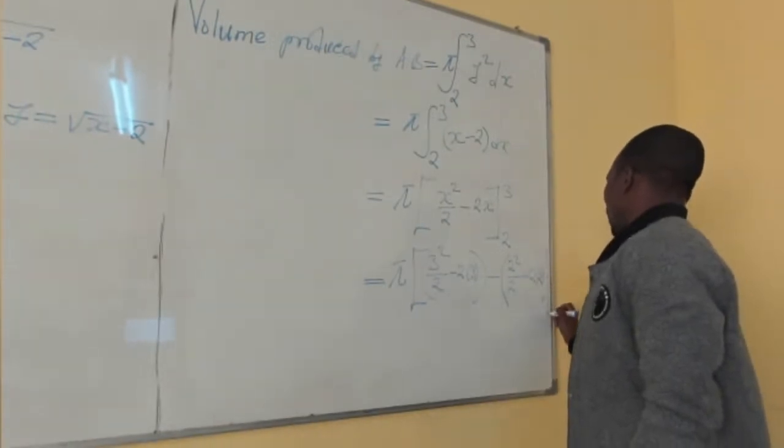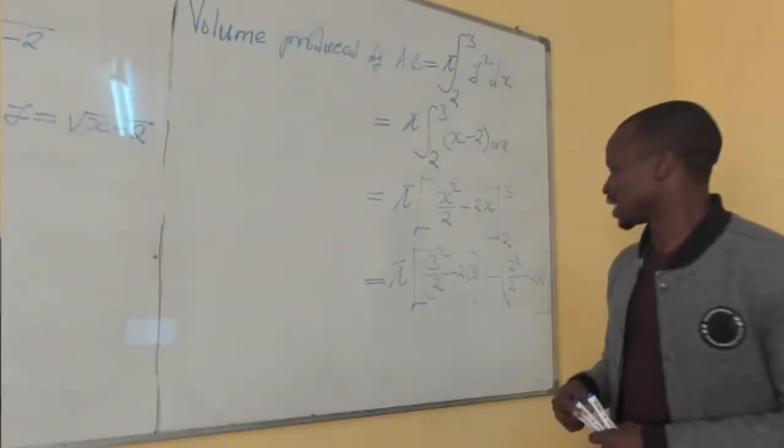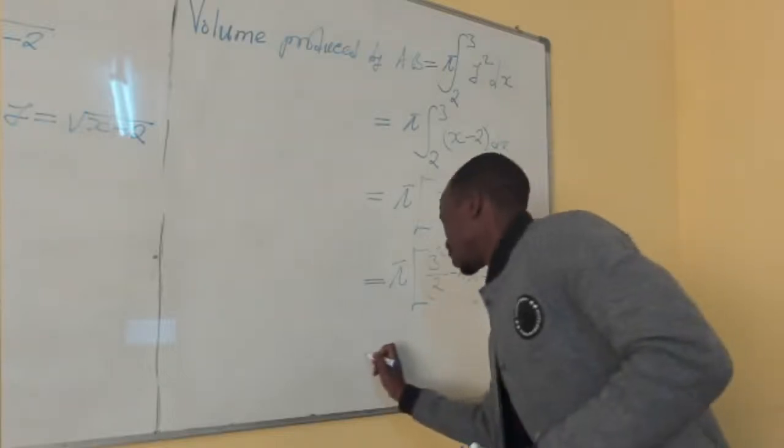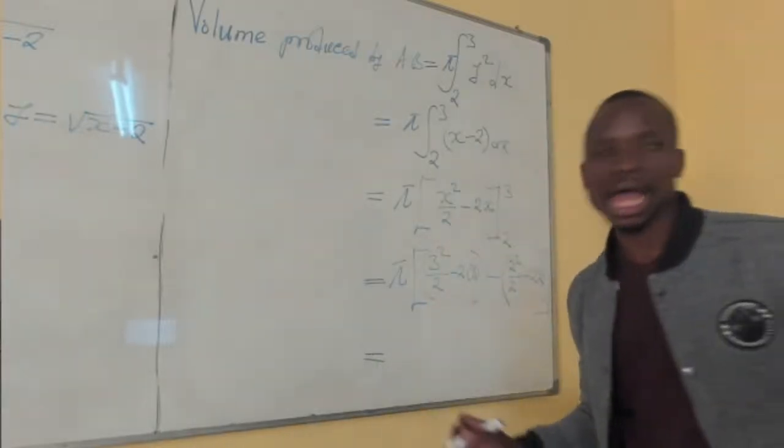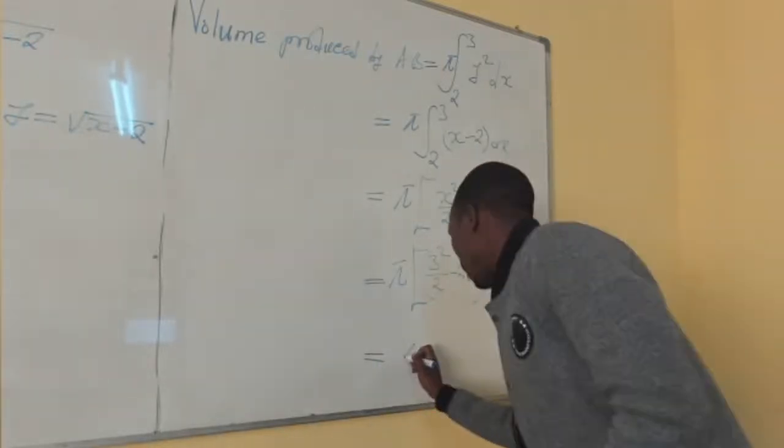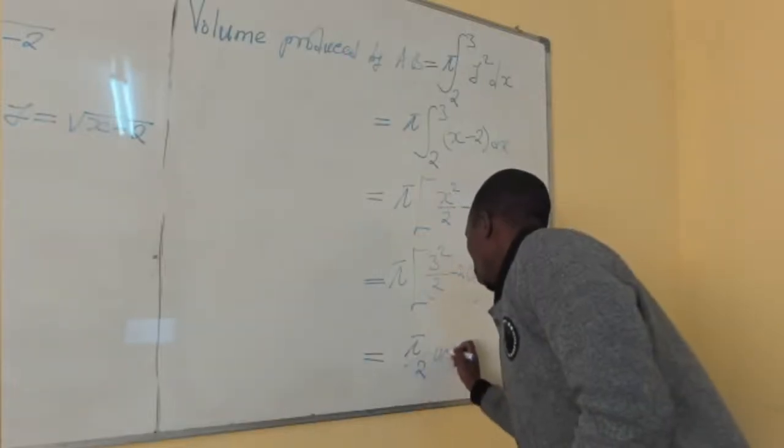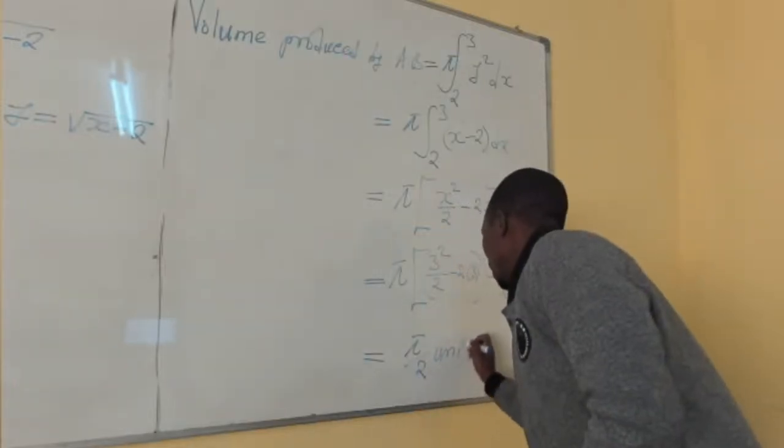When you simplify this, you should get an answer of pi over 2 units cubed.